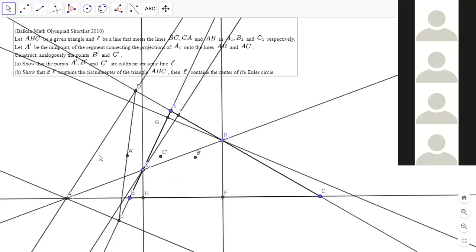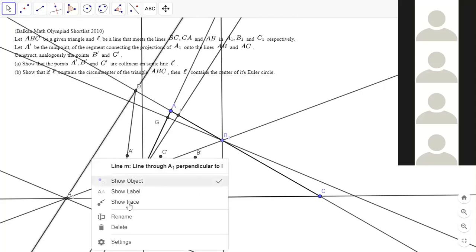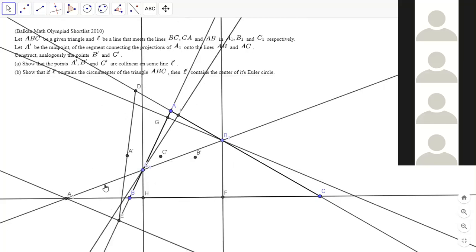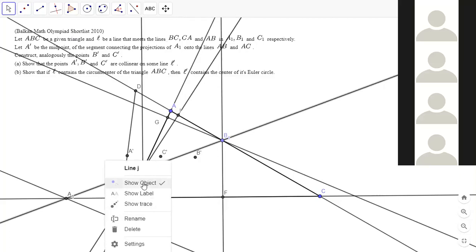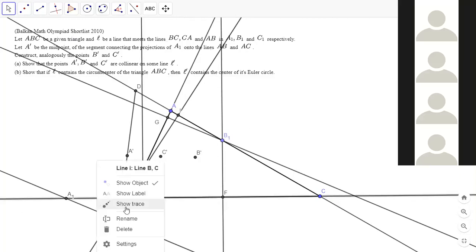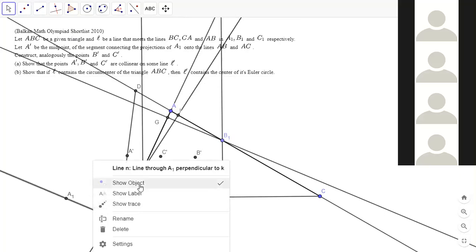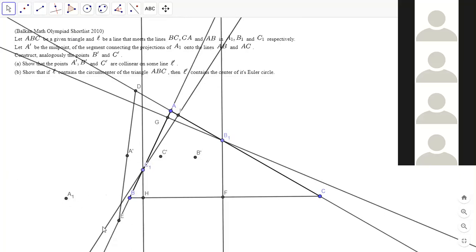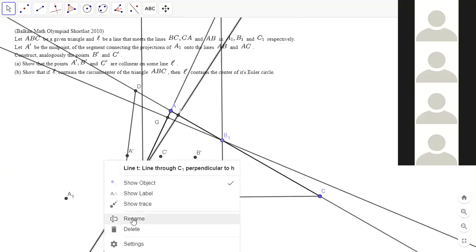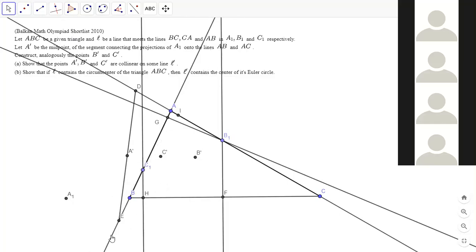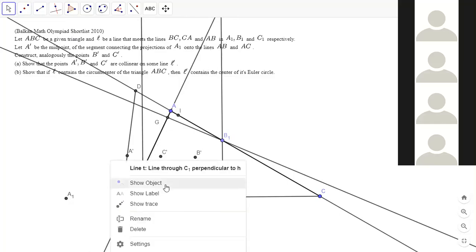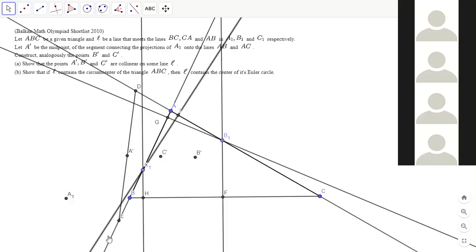All right, let me hide a whole bunch of stuff here. I'm going to hide almost every line there is and then redraw stuff. Oops.